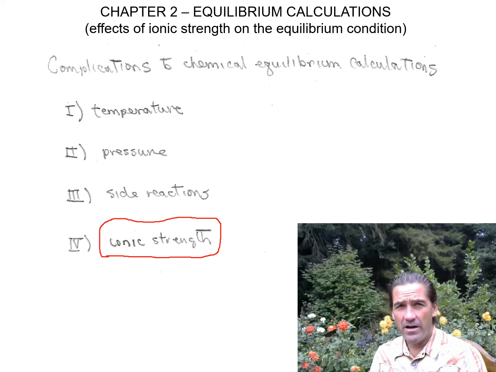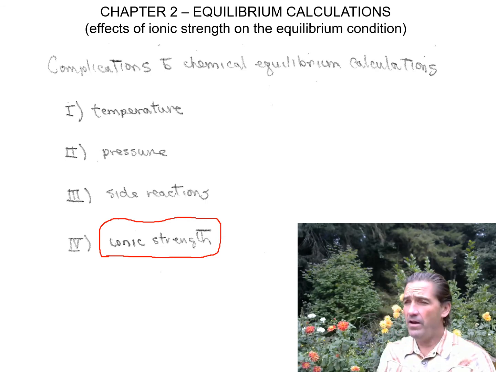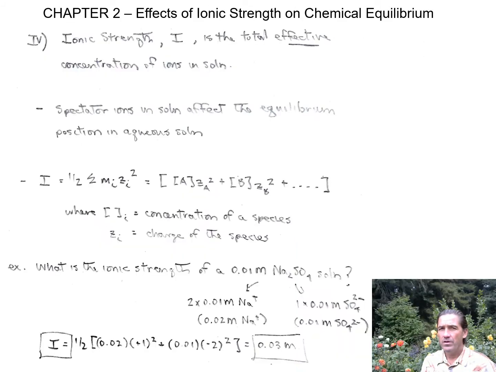So I'll define ionic strength, and then I'll also walk you through some calculations to help you understand how ionic strength affects the equilibrium and why it's important. So the book definition of ionic strength is the total effective concentration of ions in solution.